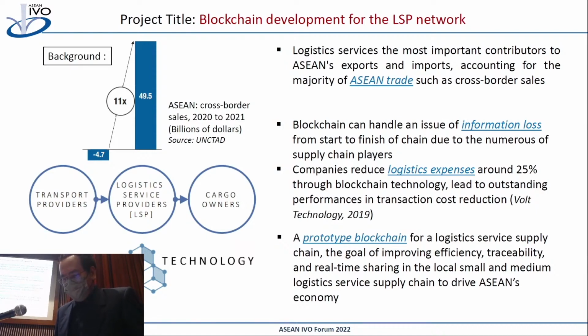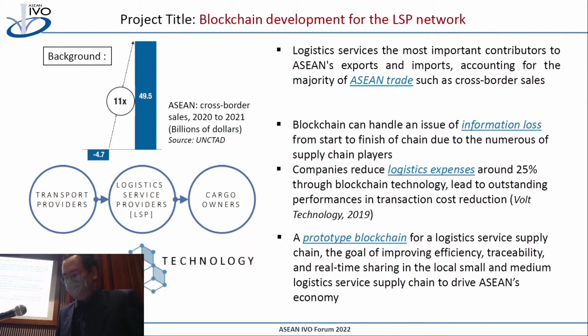The logistics industry is made up of several parties who work together to form a complex logistics service supply chain that is plagued by the main issue of information loss. Due to the large number of supply chain participants, many researchers believe that blockchain can address the issue of information loss from the beginning to the end of the chain. Moreover, since the implementation of blockchain technology in international logistics companies, they have reduced logistics expenses by approximately 25%, resulting in outstanding performance in transaction cost reduction.